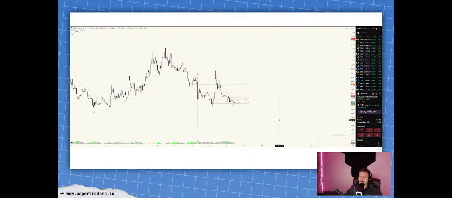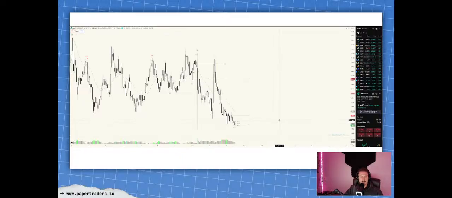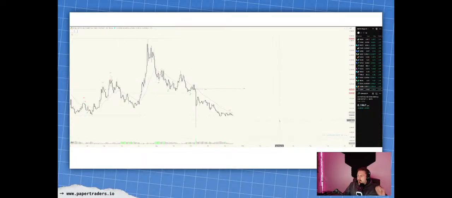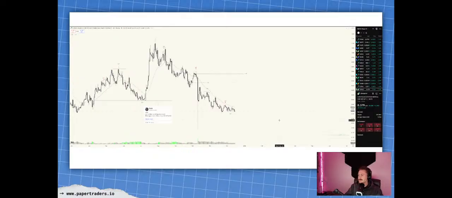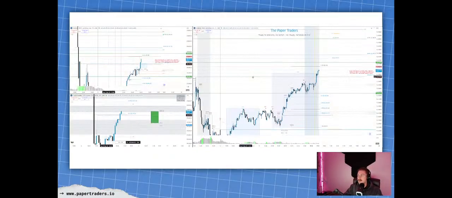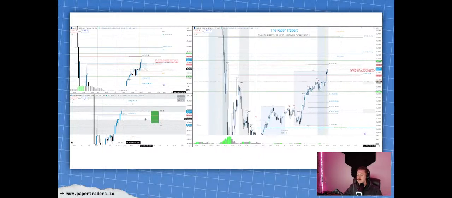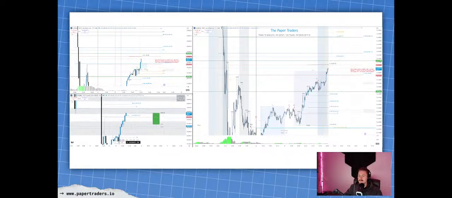Uni. This one has played well in the past. See, nothing's looking too bad. There's Q. Hourly still looks strong on this one.